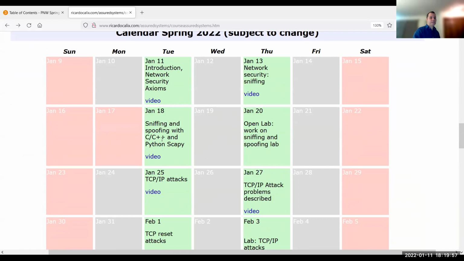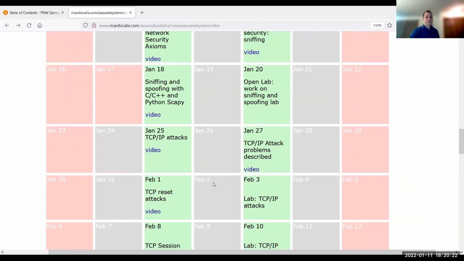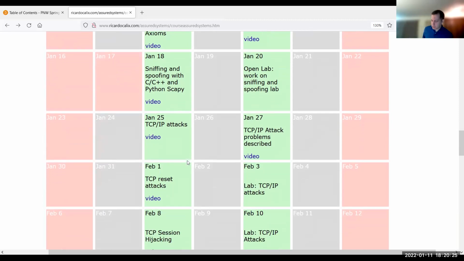We will look at ways of sniffing the network via specific tools or with programming code. So we'll use C, C++, or Python, with something called Scapy, which is a library for Python that is very handy for network related issues, right? Whenever we want to deal with the network, it'll be useful for us. Then we'll look at some TCP/IP attacks. So we will have some tools for attacks.